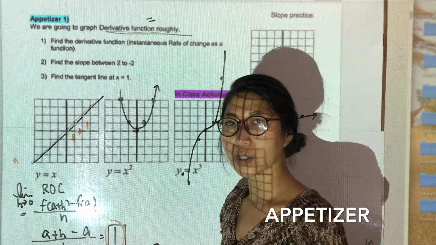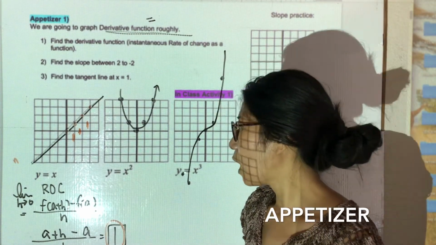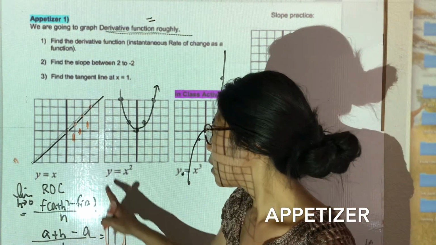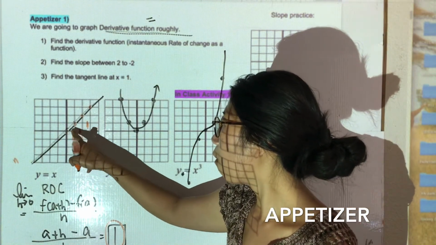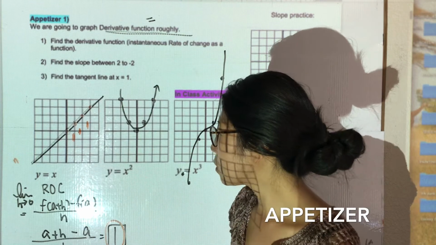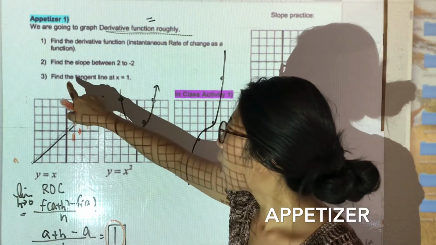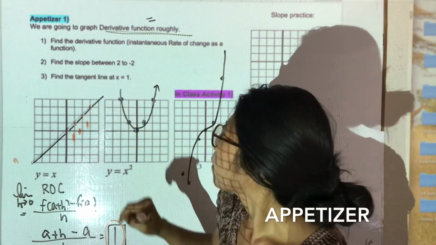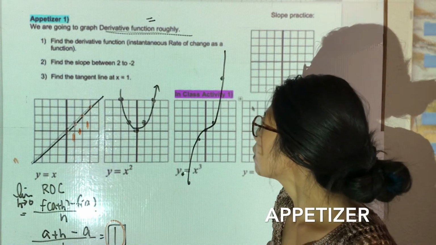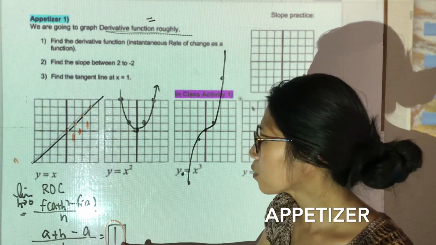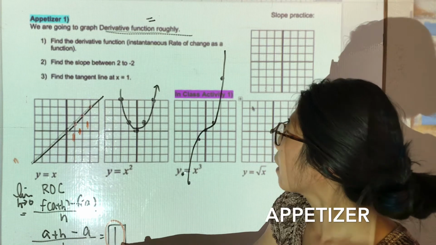Is this a function? Yes. How so? Because now I can graph all over here. My slope is 1. We can actually find the slope exactly at any point.